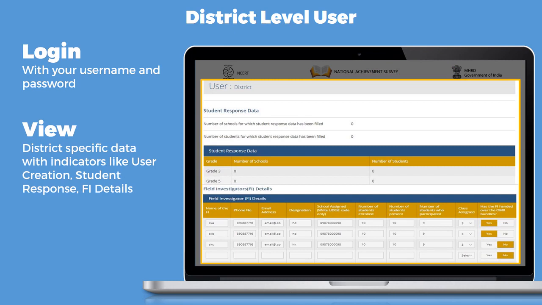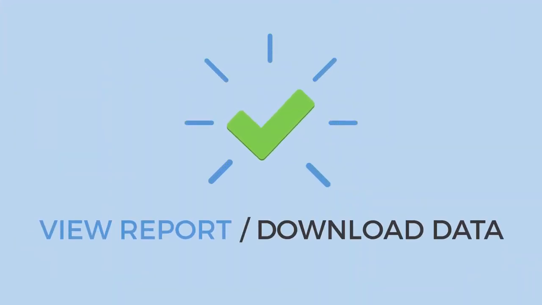In this module, a District MIS Coordinator will consistently be updating the progress of the NAS activities on the fields mentioned in the web application. One can also view the district report card generated after uploading of the survey data is complete. A user with the access rights can also download the survey data for any state.